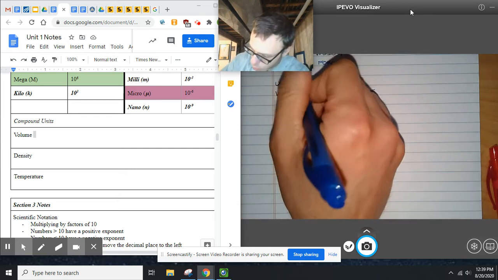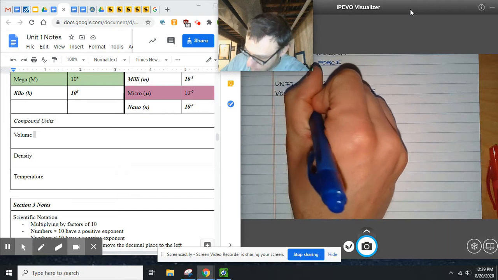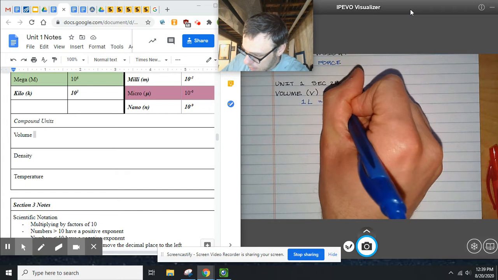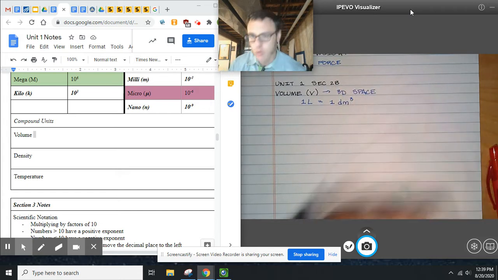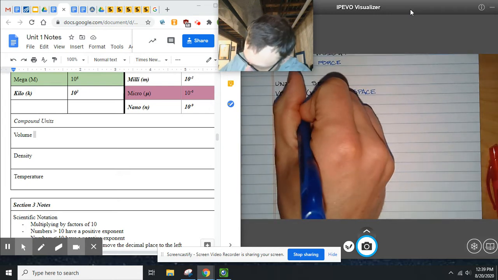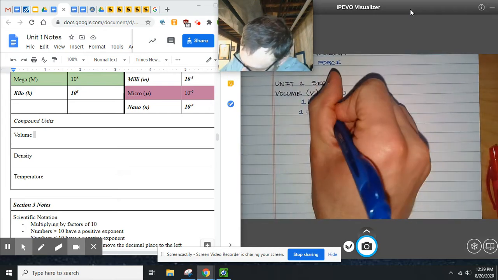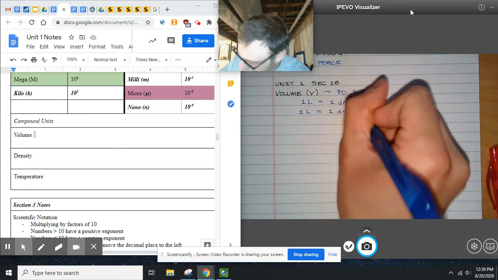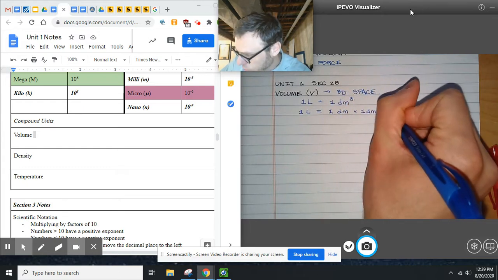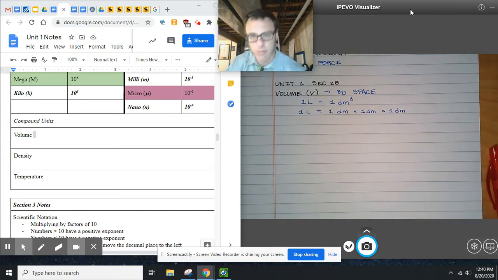All right. So 1 liter equals 1 decimeter cubed. Okay. What that means is 1 liter equals 1 decimeter times 1 decimeter times 1 decimeter.